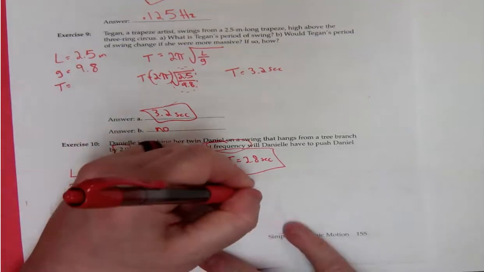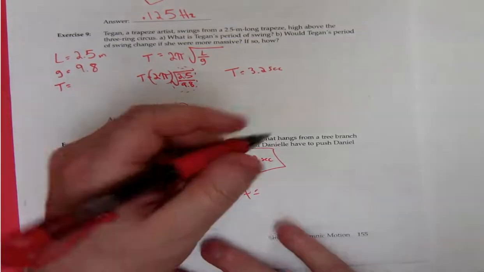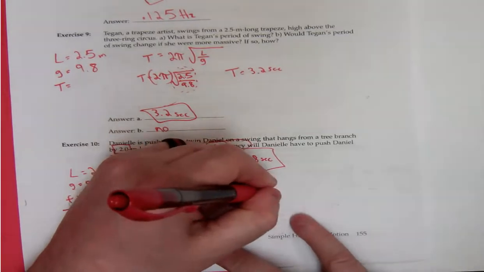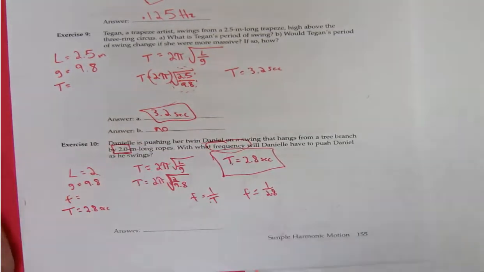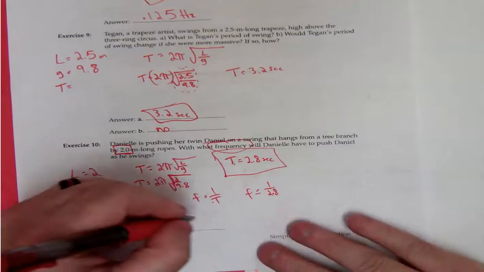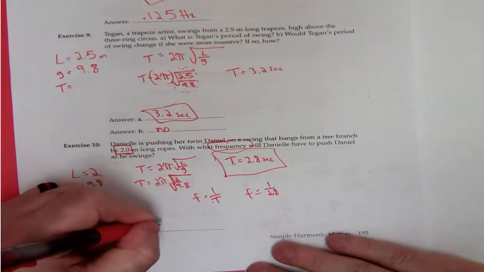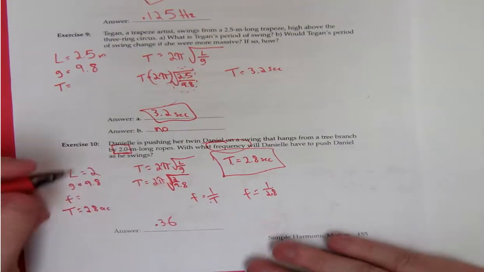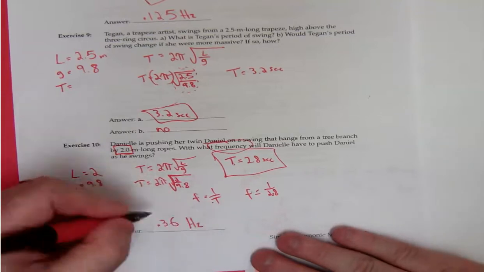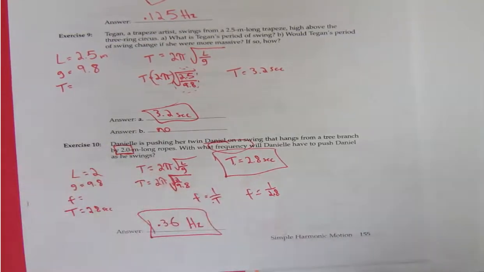So frequency equals, am I still on the camera? Yes. 1 over 2.8. So 1 divided by 2.8, and that'll give us our frequency of 0.36, and frequency is in hertz, so we're going to put Hz. So we'll box that. Pretty easy stuff, pretty straightforward.